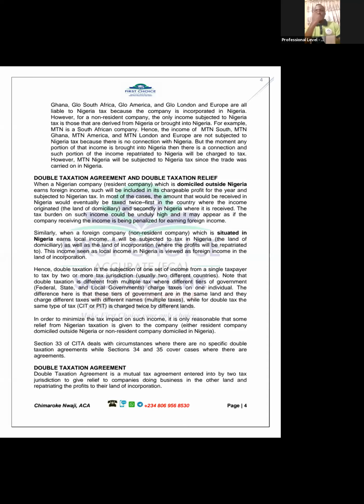And that's one principle. The second one is you cannot get a relief higher than Nigerian tax. So you see, you got that 350 from somewhere. You cannot be expecting to get 350 relief in Nigeria when you are bringing a tax of 300. The best you can get is to get all your tax in Nigeria taken as relief.